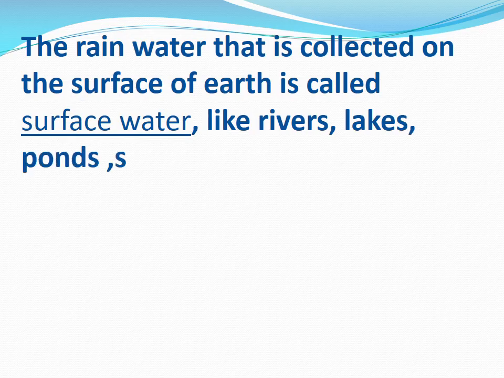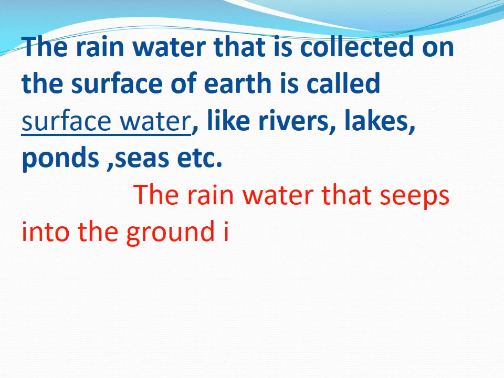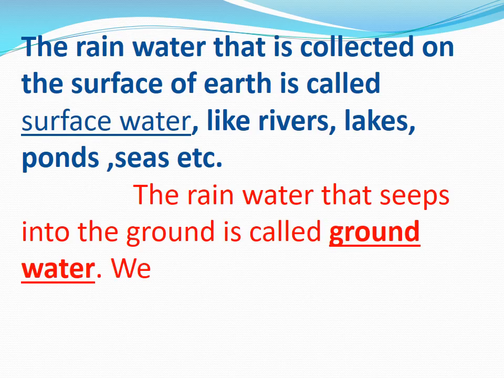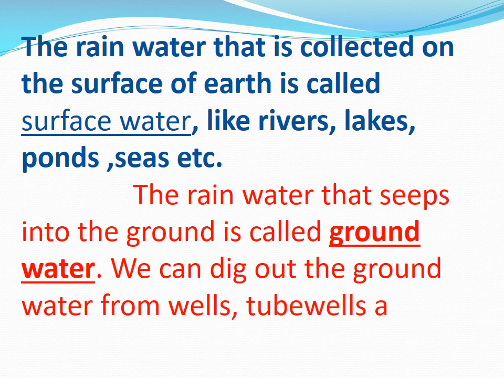That is why that water is called surface water, like rivers, seas, ponds and lakes. And some rainwater seeps into the ground. That is called groundwater, like well, tube well and hand pumps.